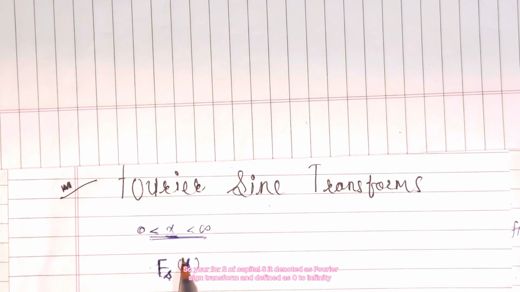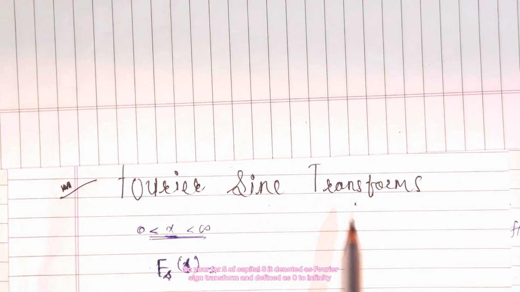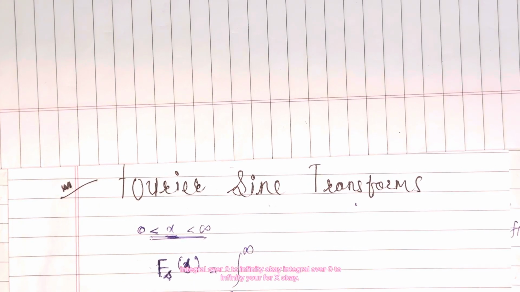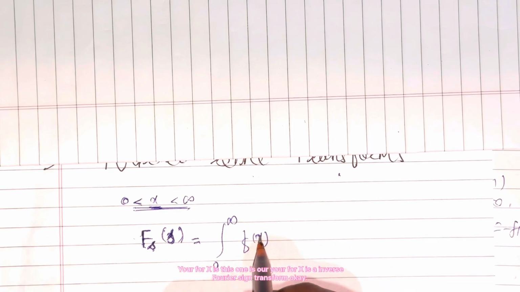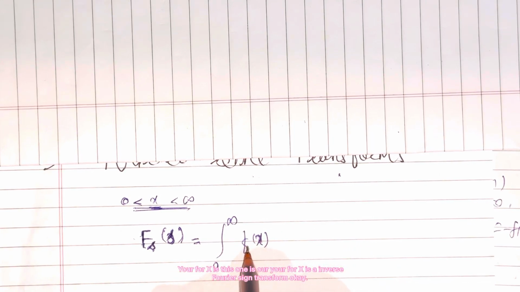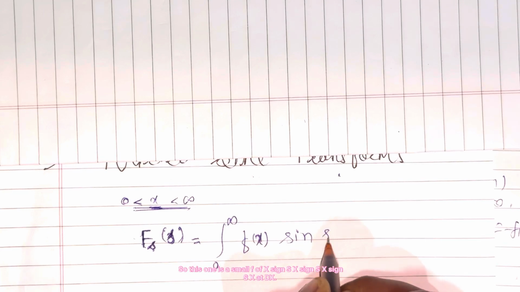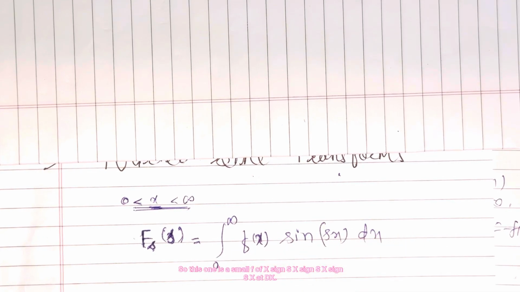So F sub s of capital S is denoted as the Fourier sine transform and defined as the integral from 0 to infinity of f of x sine sx dx.